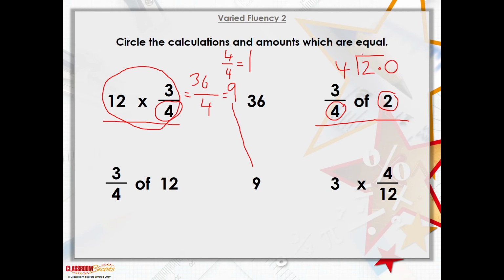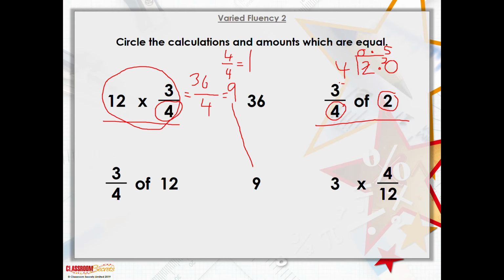4's into 2 goes 0. My decimal point. I need to exchange my 2 1s. It makes 20 tenths. 4's into 20 go 5. So every quarter of 3/4 of 2 is 0.5.